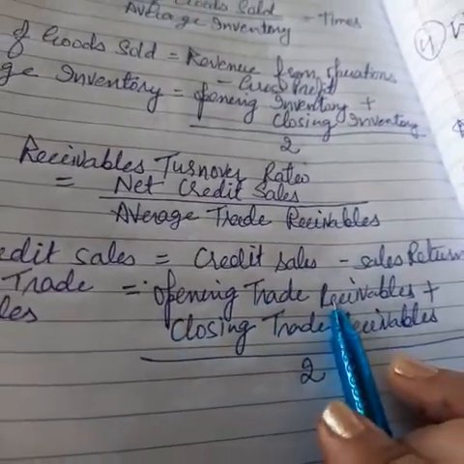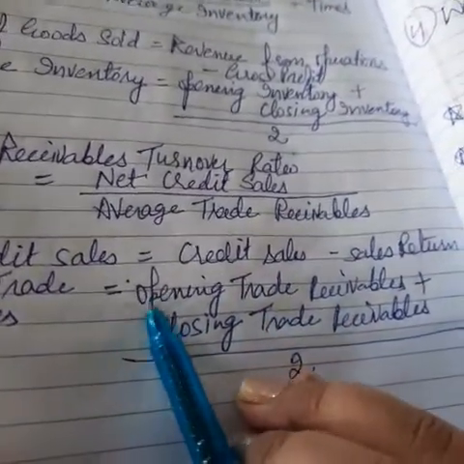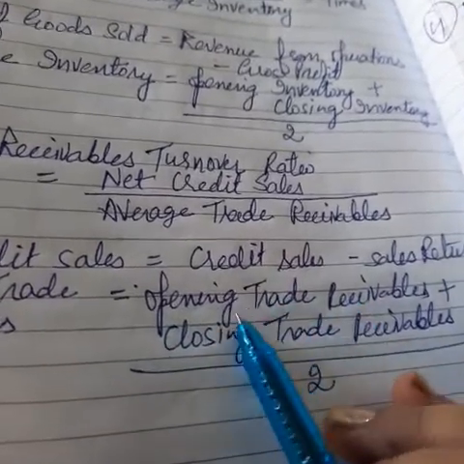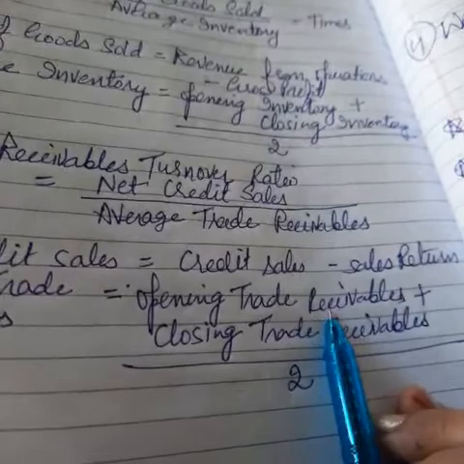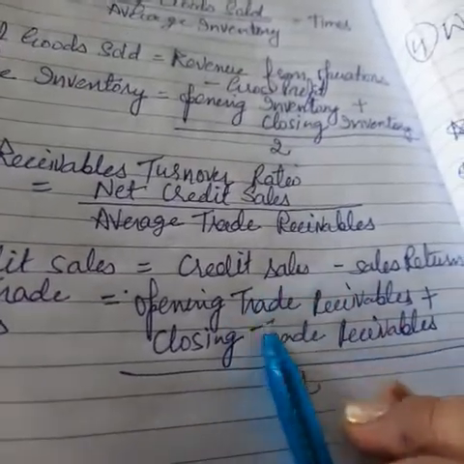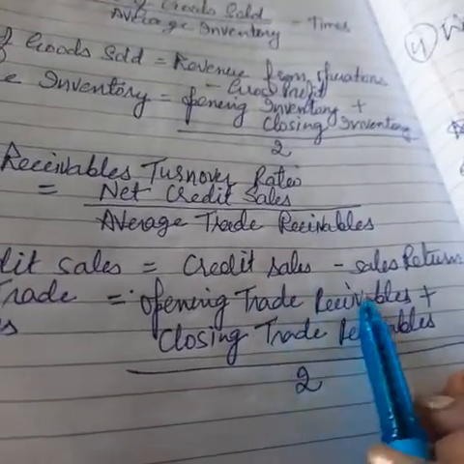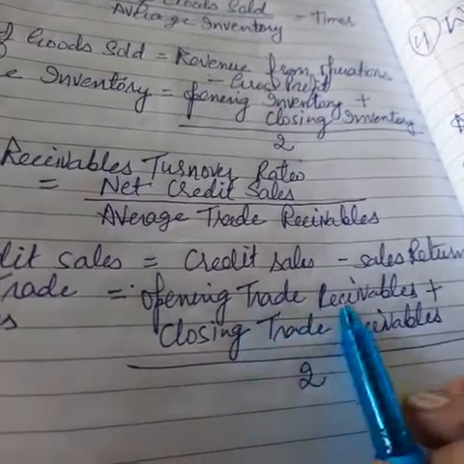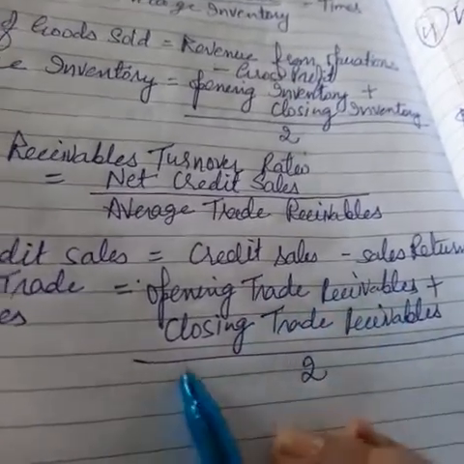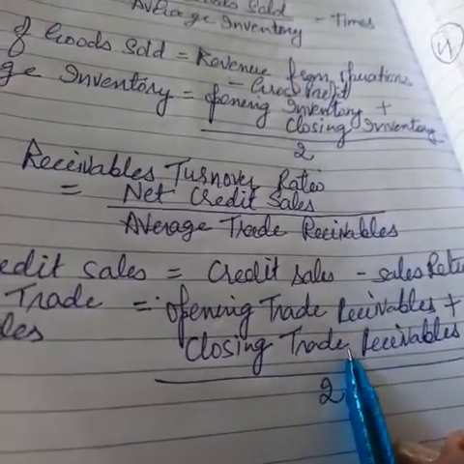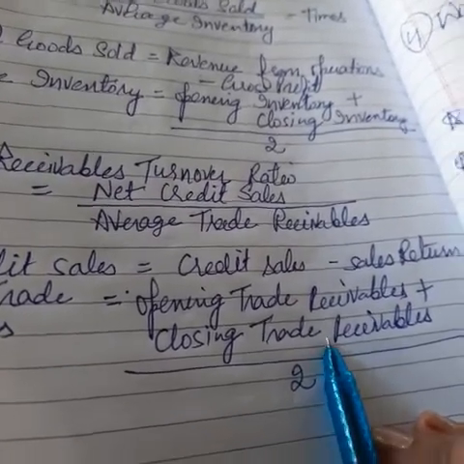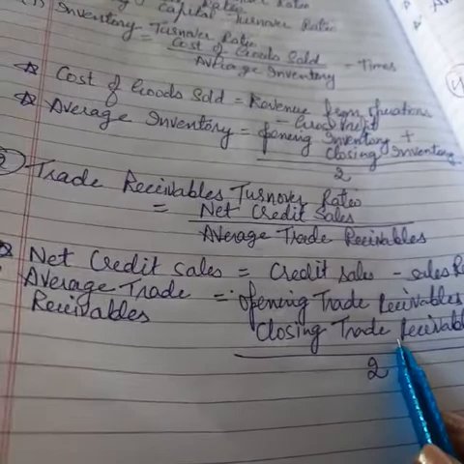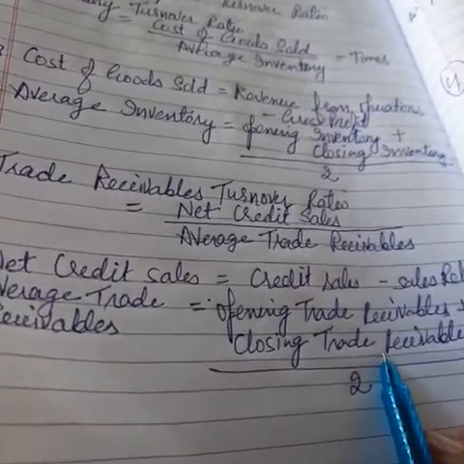This thing you have to keep in your mind: here I am using the word trade receivable, where trade receivable includes both debtors as well as bills receivable. So you have to take both the terms given in the question, make addition of this and write down here under trade receivables, then closing trade receivables divided by 2. So this is the formula to calculate trade receivables ratio.